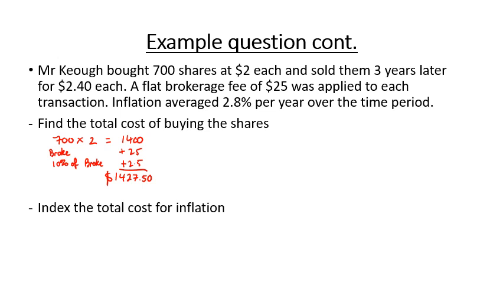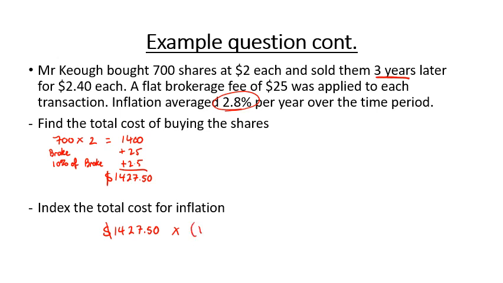Now it says index the total cost for inflation. So I'm going to take that total cost, $1,427.50, and multiply it by the average inflation per year. We've had it for 3 years, and it's gone up 2.8% every year.